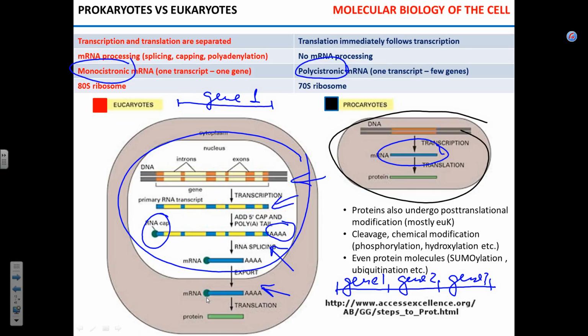You see, monocistronic versus polycistronic. Does that make sense? And of course, the ribosomal structure is different. You may say, well, wait a minute, but RNA polymerase structure is different too. And I wouldn't argue, but we focus on the ribosome that much because the molecule is much bigger.